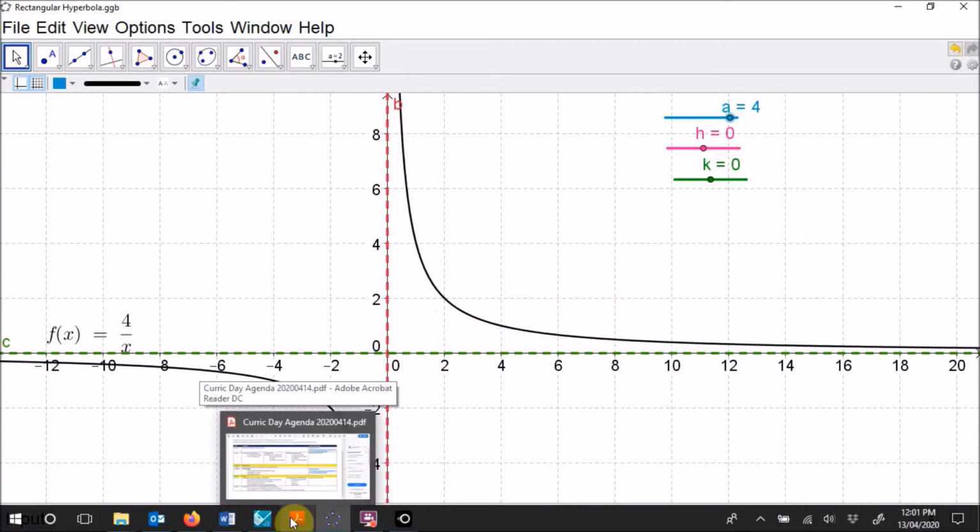So our number up the top, if we have y equals, and I'm going to call it a, on x, that a there is what we call a dilation, and it's from the x-axis.